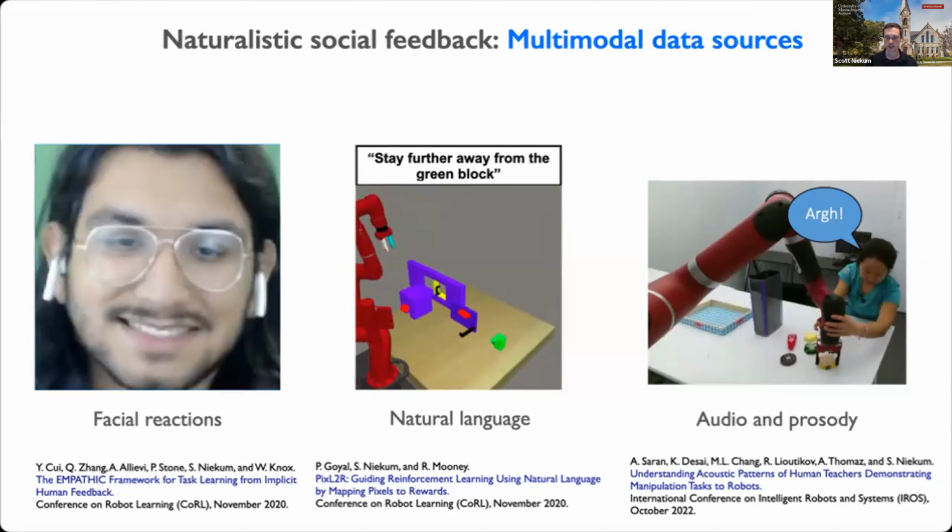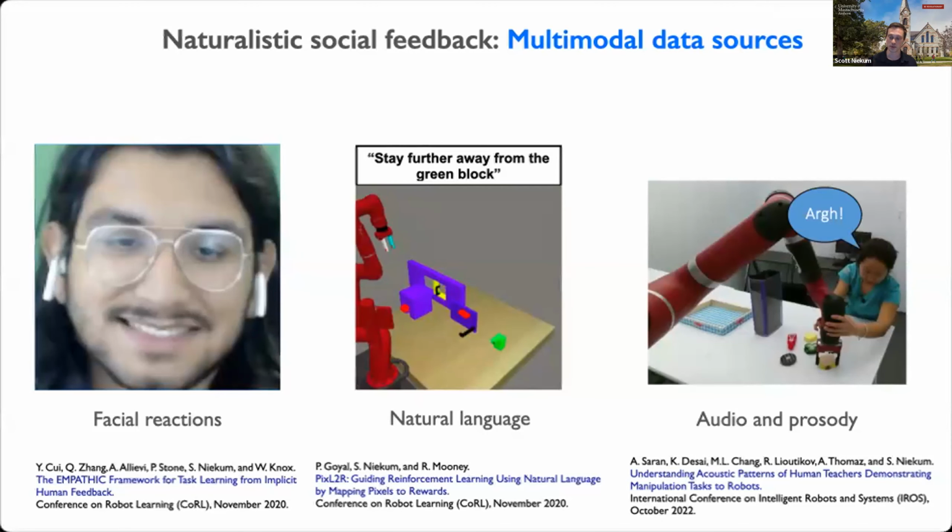So if someone's watching the robot do something, or maybe they're even giving a demonstration, they say like, ugh, that's not natural language per se, but it tells you that something went wrong. And if it's a demonstration, you probably shouldn't mimic what just happened there. If it's just feedback, the robot probably did something wrong.